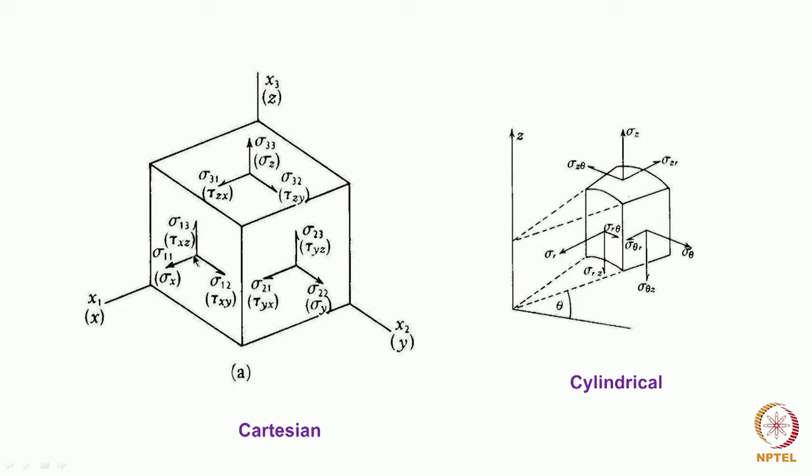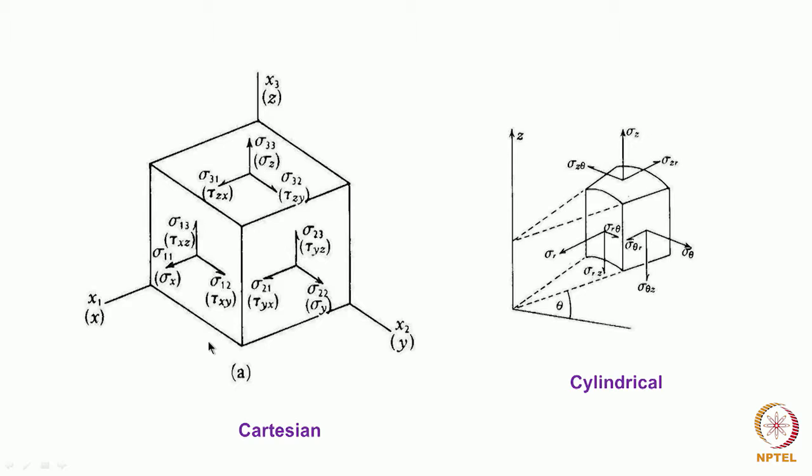Sigma 1, 1 is the stress which is normal to the x surface, and similarly sigma 1, 2, or the shear stress tau xy if we write it, is applied in the y direction but on the surface x.